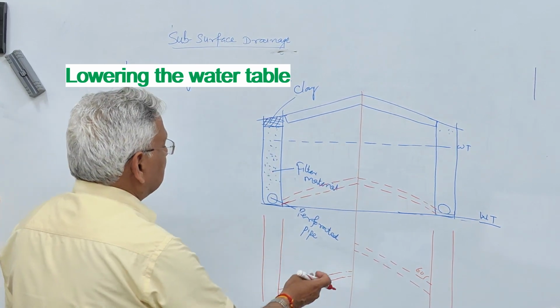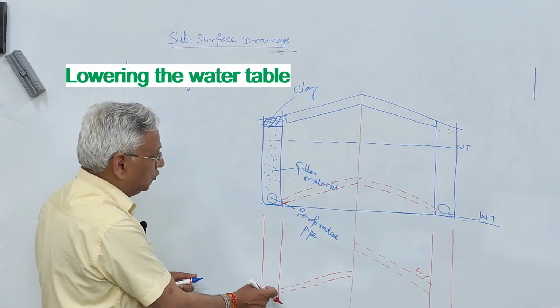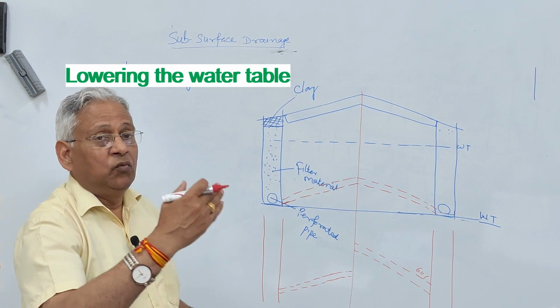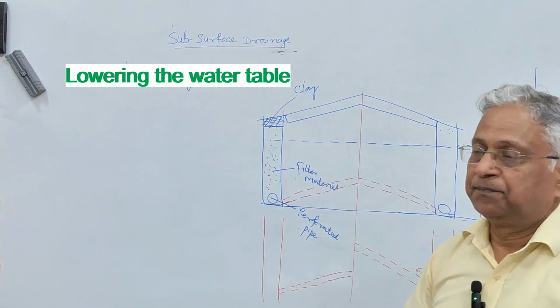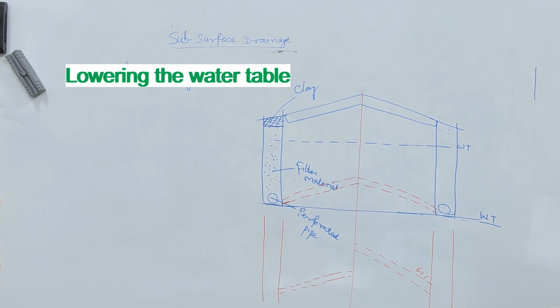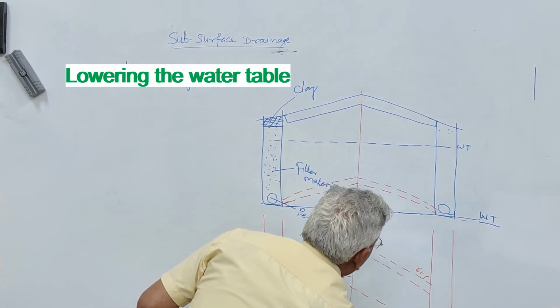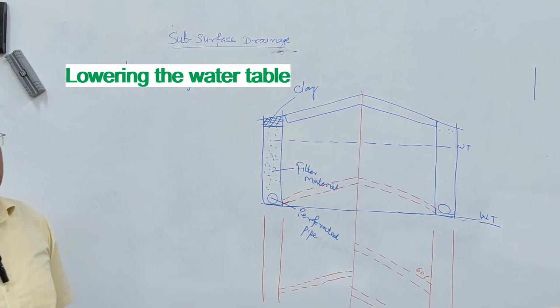So water will drain from these transverse drains to the longitudinal drain, and these longitudinal drains finally will drain the water into the natural river or natural drain. So this is the combination of longitudinal and transverse drains.